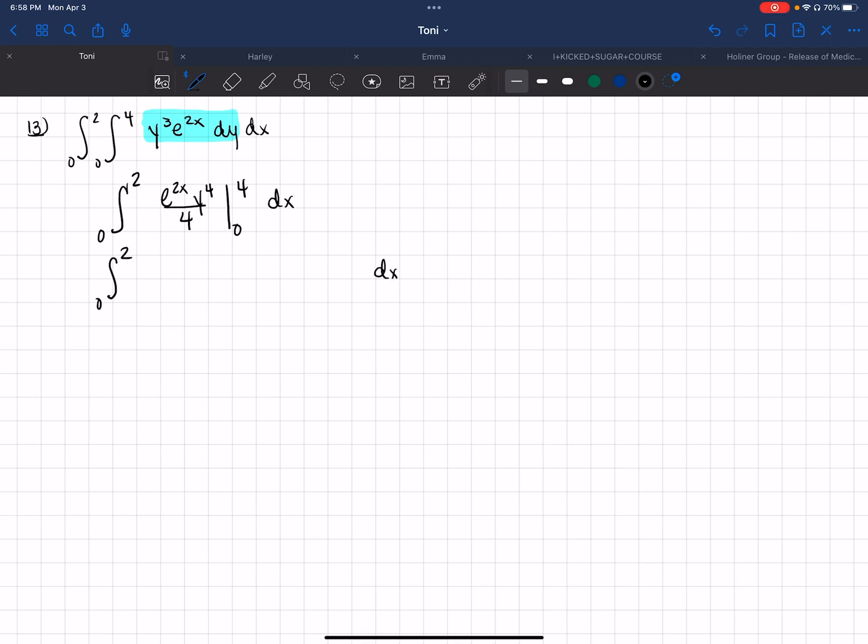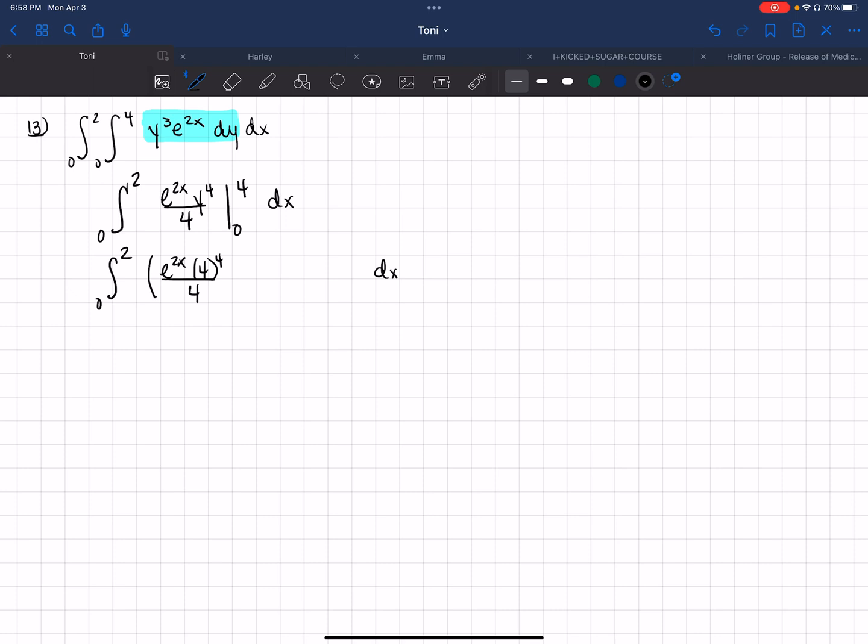And now I'm ready to evaluate it. Remember, you took the integral with respect to y, so everywhere you see y, we're going to plug in a 4 to start with. So I have e to the 2x, 4 to the 4th over 4.